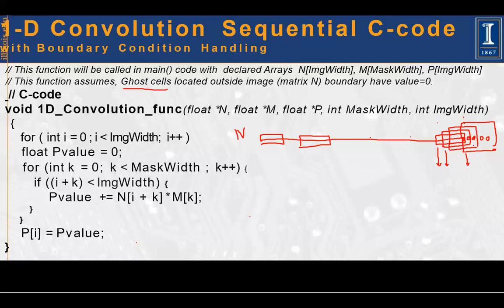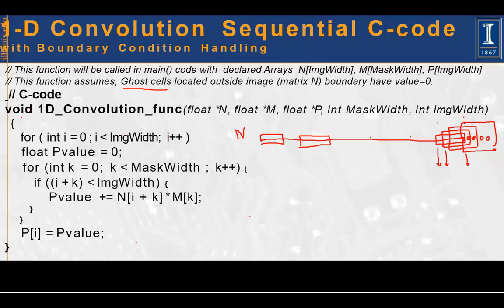Another, better way is that whenever you are in a ghost cell area, don't add anything. Do not multiply and accumulate. That is the wiser thing. In that case, you won't have to extend your array N and you won't carry out a multiplication with 0. You will only say don't multiply and accumulate if you are dealing with a ghost. So we will use this approach. Now let's come back to our C code for 1D convolution. Here is that.